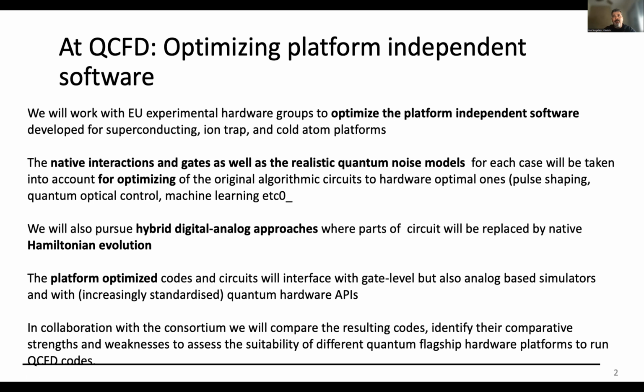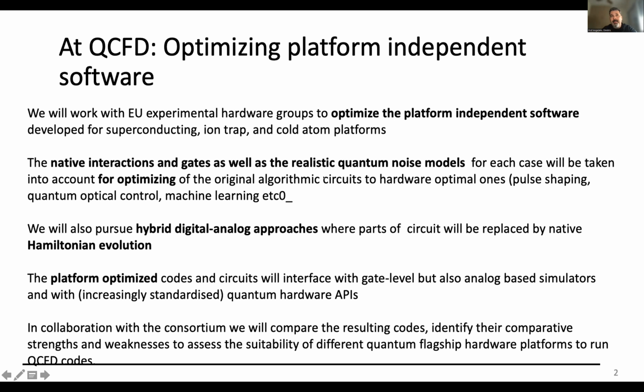And really, there is a lot to do, as Felix was saying. When you have a first circuit that calls for certain gates and certain implementations, when you go on the real hardware and you look at the native interactions, the native gates available there, even at the Hamiltonian level, there's a lot that can be improved.